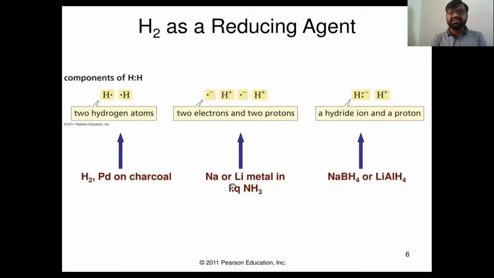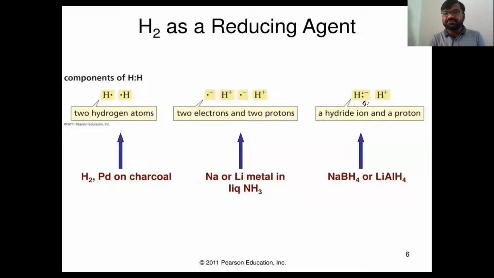Another reaction is called dissolving metal ammonia reduction. See these reactions in the slides. Another option is we can consider hydrogen as H plus and H minus.